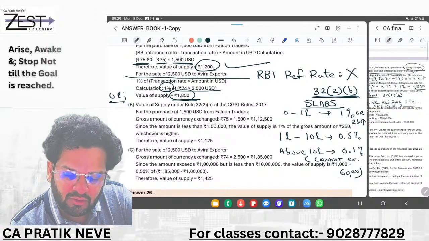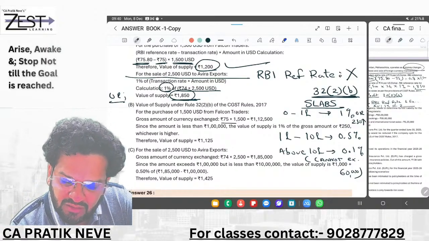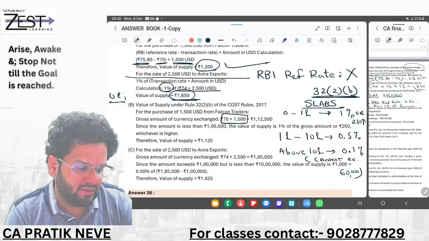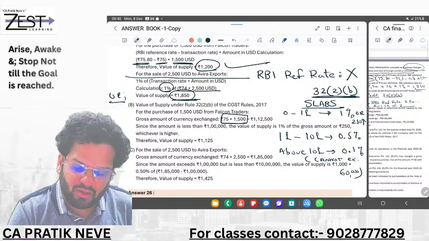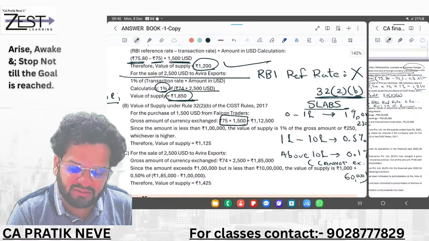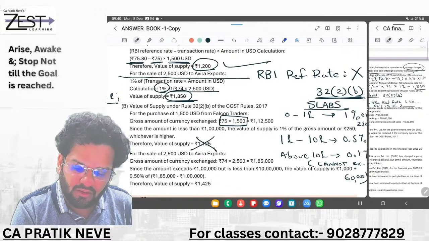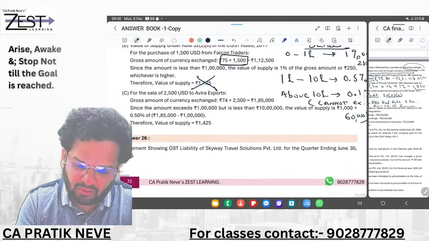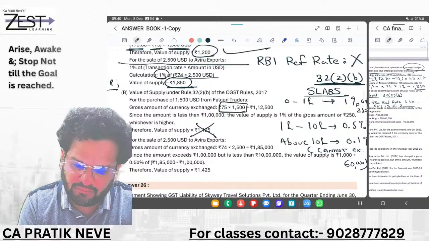Now see, in the first case, 1500 into 75, that much rupees are involved: 1,12,500 rupees. Here, how will you find the value of supply when 1,12,500 rupees are involved?